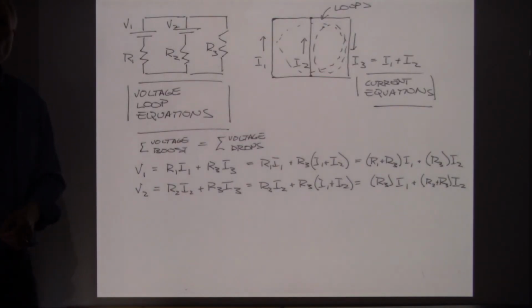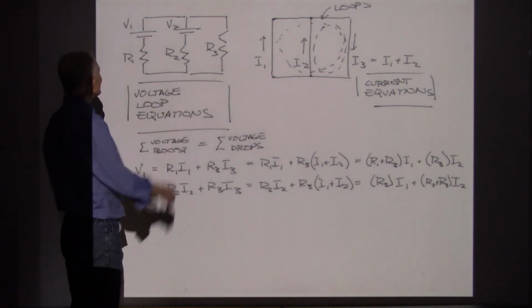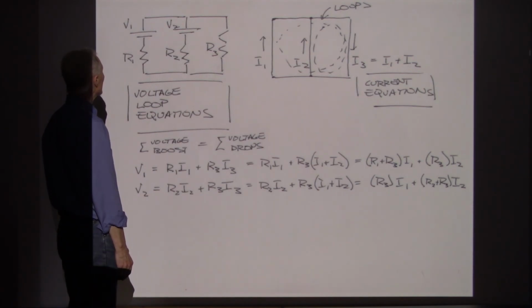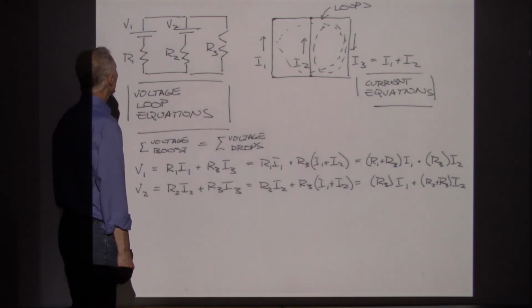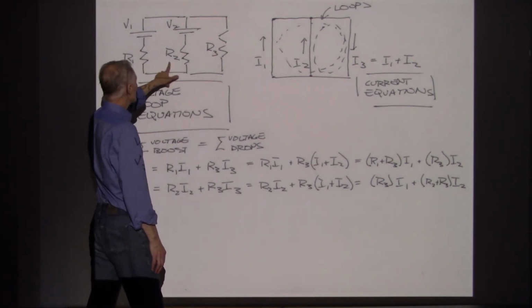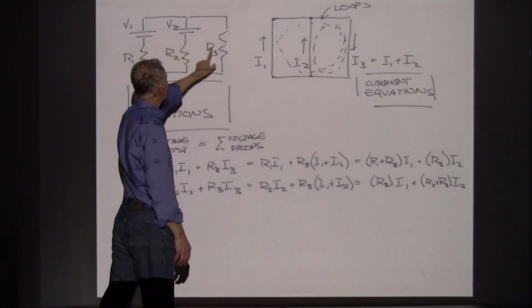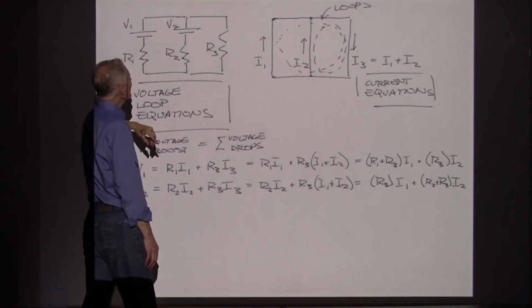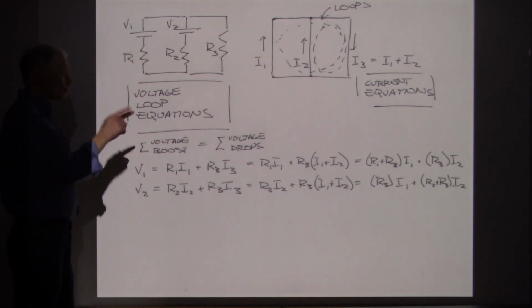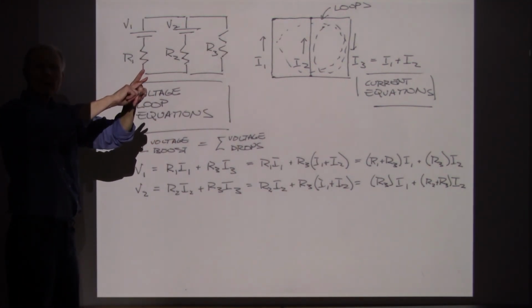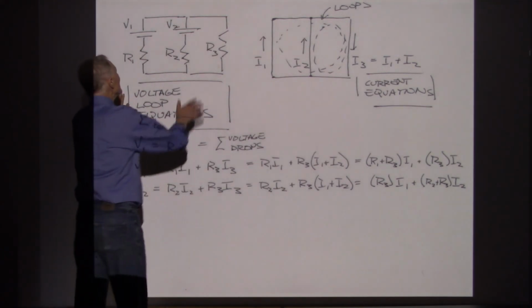And let's go back and ask ourselves real quickly, why is it we had to use loops? Why couldn't we just use series and parallel? It's because nothing here is in series and nothing is in parallel. And you might say, well, aren't 1, 2, and 3 all in parallel? Well, they're drawn parallel. But remember, parallel says that there are two separate paths that I can take in getting back to the very same place.